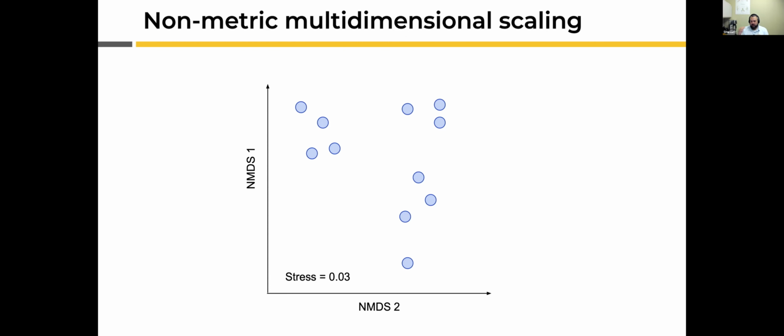It starts out at the highest number of dimensions, and at each iteration attempts to remove one of the dimensions, while at the same time minimizing the amount of shifting that the samples do. It tries to keep the relative distances between the samples as similar as possible. On this graph, the output of NMDS is a stress level.